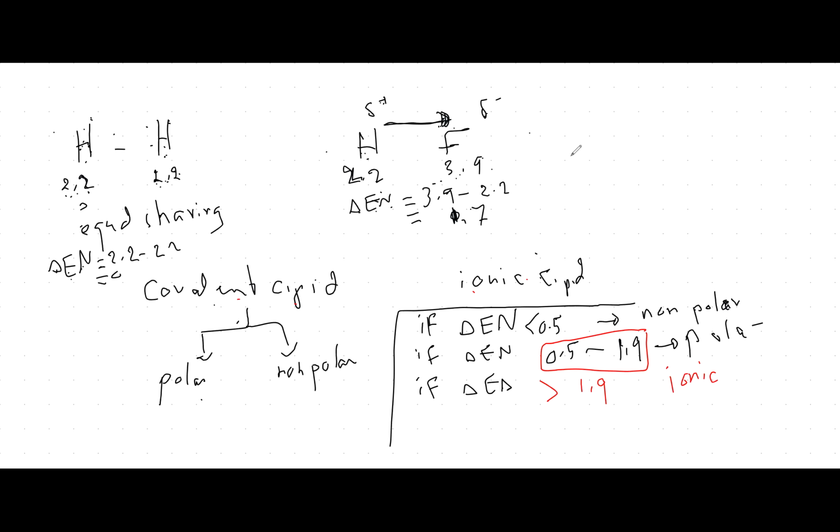If it's less than 0.5, it's a non-polar covalent bond. If it's between 0.5 and 1.9, it's a polar covalent bond. I know it's covalent, but I want to know if it's polar or non-polar.